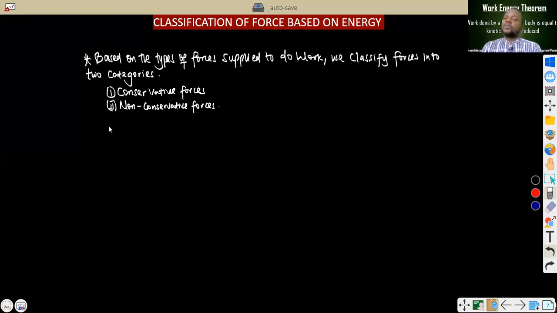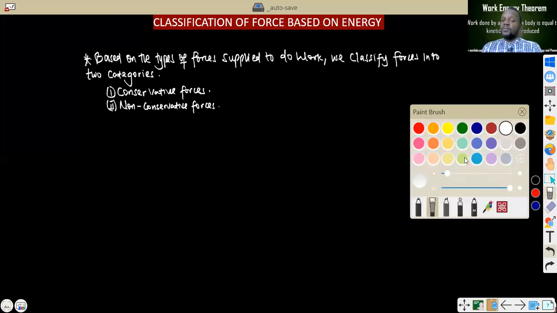So keep these two at the back of your mind, because it is very important to understand that forces are classified into two when we relate them with respect to energy. To understand this very well, we can give a definition to each of these and keep it at the back of our mind.